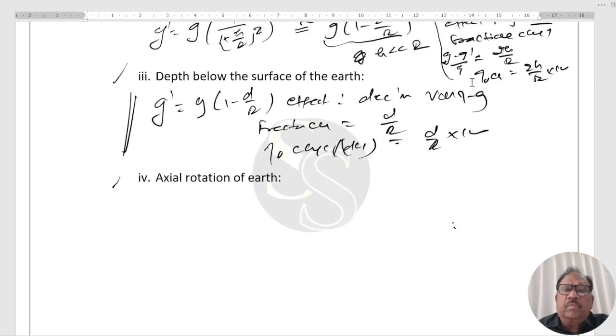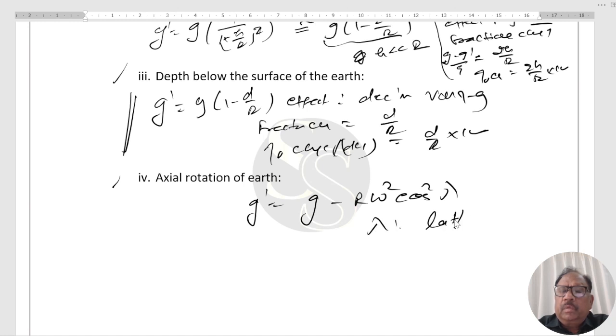And rotation of the earth. g dash equal to g minus R omega square cos square lambda. Lambda is the latitude, and lambda equal to 0 degree and lambda equal to 90 degree at equator and at pole.